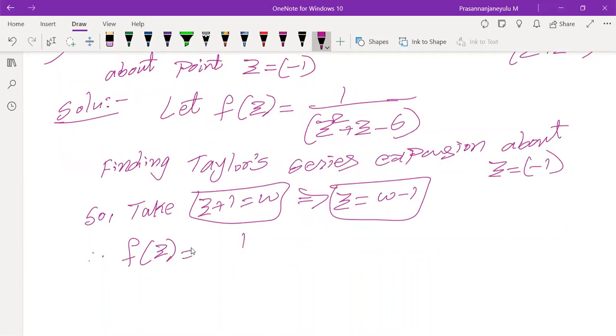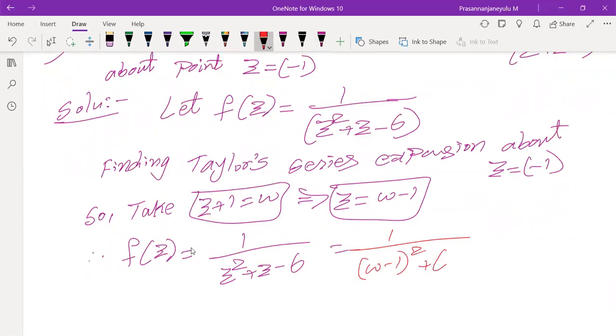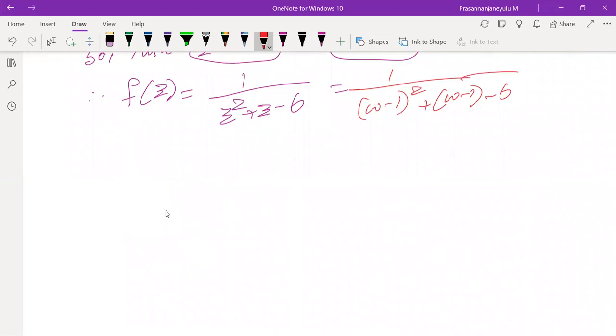What is f of z? 1 by z square plus z minus 6. In place of z, what do we take? w minus 1. So we get 1 by (w minus 1) whole square plus (w minus 1) minus 6. If you simplify the denominator, what is the (a minus b) whole square formula? a square plus b square minus 2ab, plus w minus 1 minus 6.